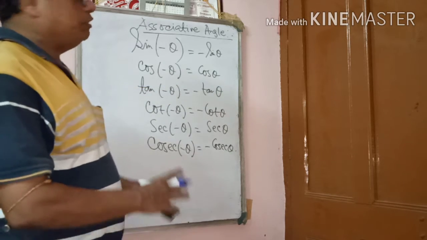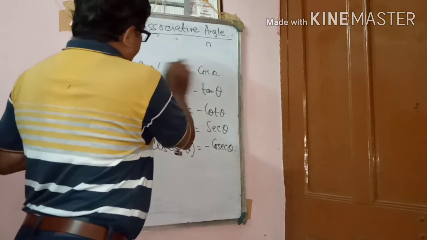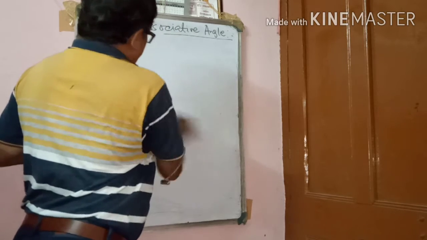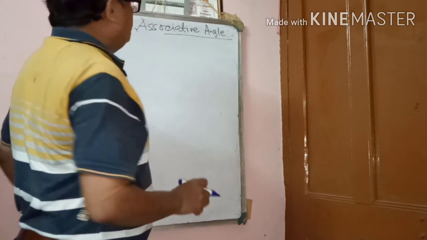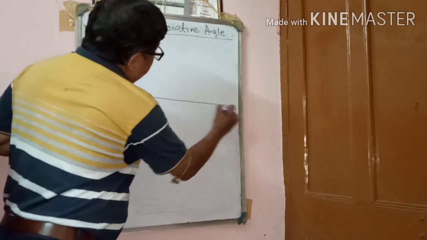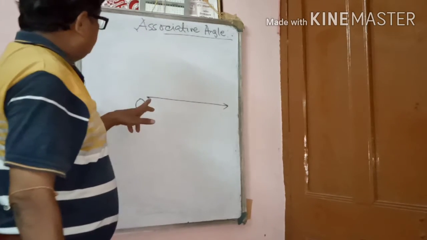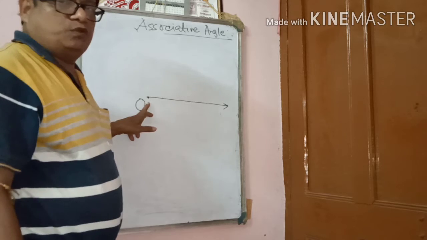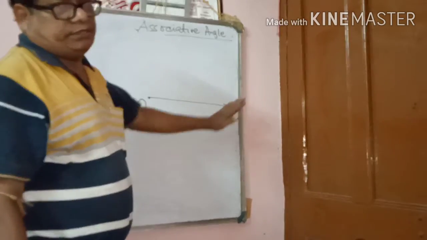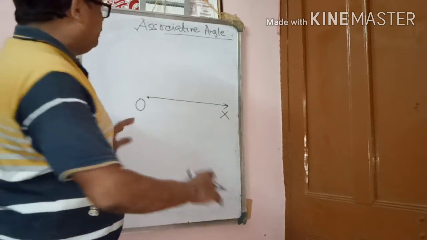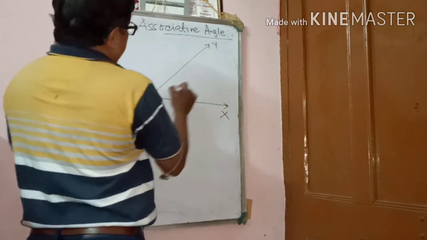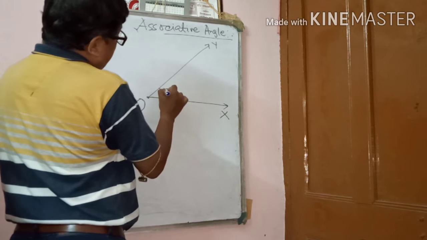How to prove? See, I am showing first here. Suppose this is one ray with an initial point, suppose this is x, ray OX. In the anti-clockwise direction, suppose the ray is here, suppose this is Y, and this angle we have to consider, suppose this is theta.